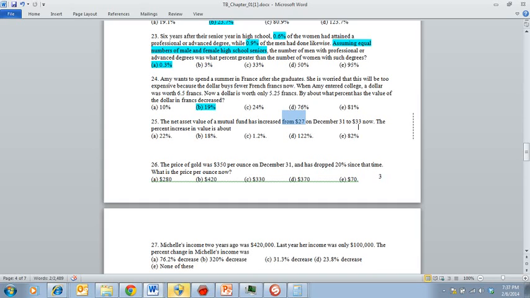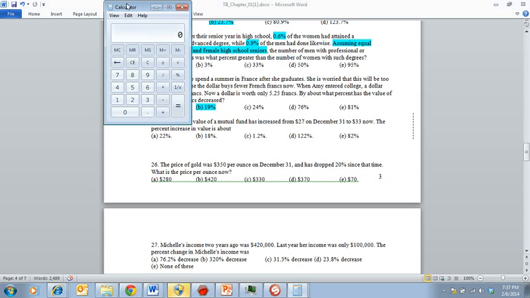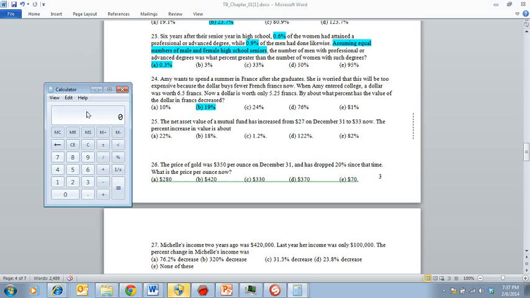From 27 to 33 is 6. So I'm going to have 6 divided by the original 27 times 100. The percent increase is approximately 22%, or A.